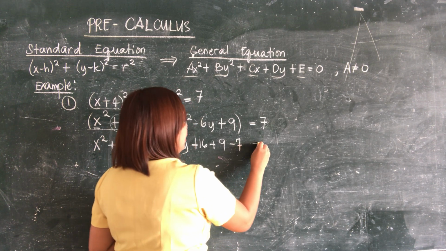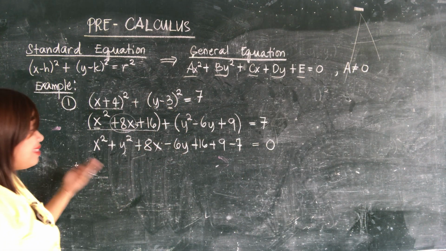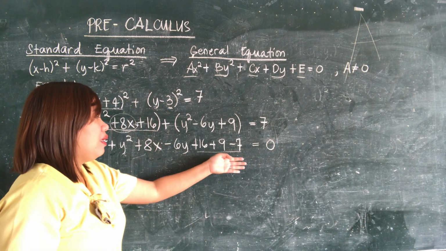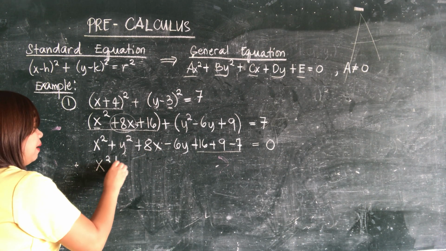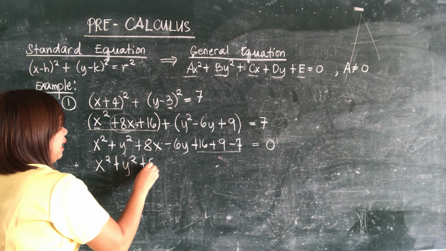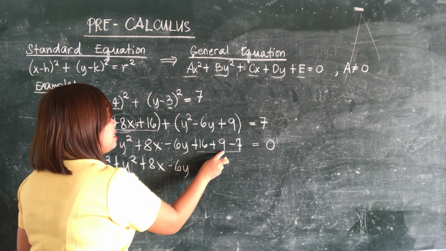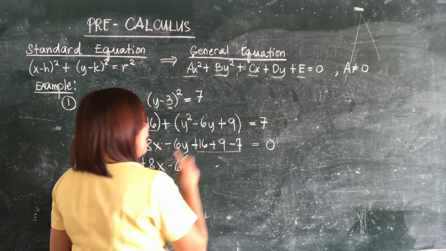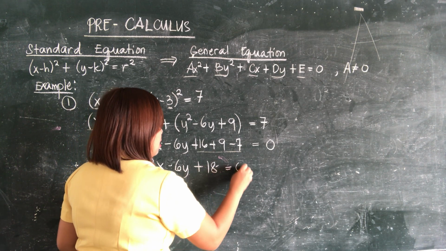So, minus 7 equals 0. So, the last step is to combine the like terms. So, copy yung mga nauna, x squared plus y squared plus 8x minus 6y, then 16 plus 9, that is 25. 25 minus 7, that will give you positive 18, equal 0.